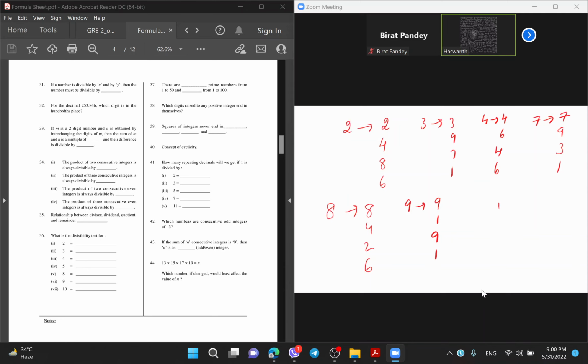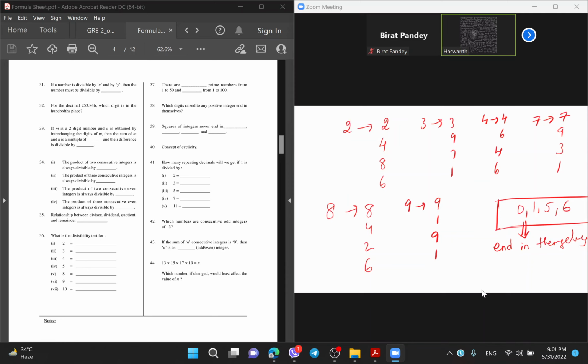And if you look at the numbers missing from this list, 0, 1, 5, 6. 0, 1, 5, 6 when raised to any positive integer will end in themselves. For example, 0 is in the units digit. When that number is raised to any positive integer, it will end in 0 only.